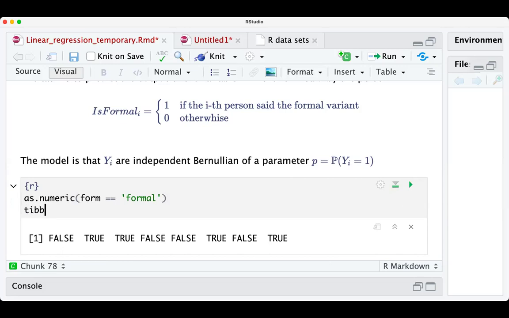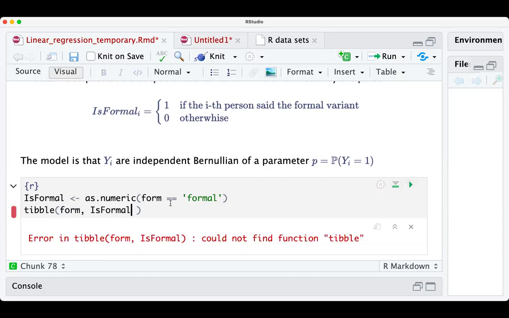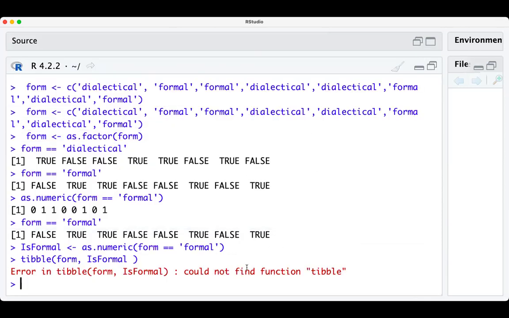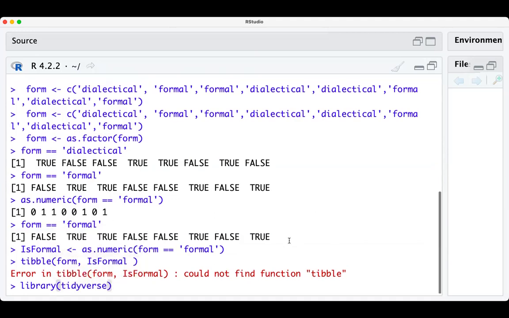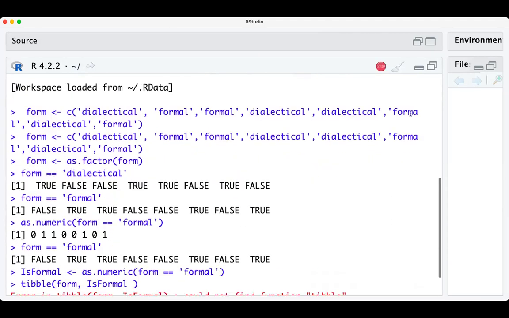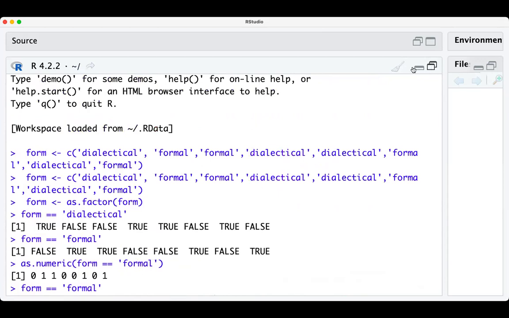So let's plot what we defined, form and is formal. I have to attach tidyverse.